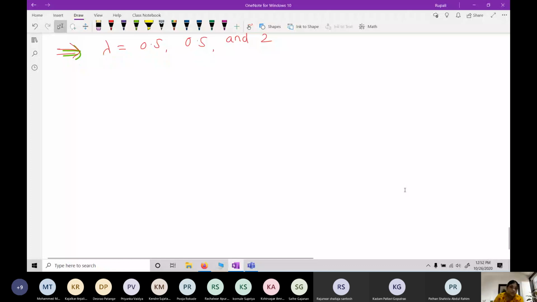So, eigenvalues whose modulus is strictly less than 1.